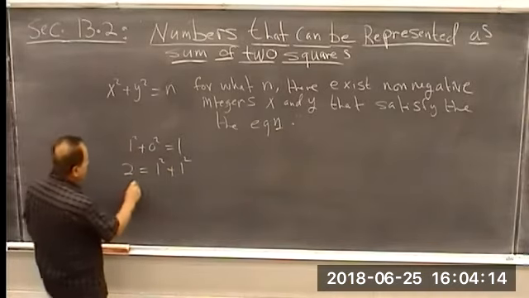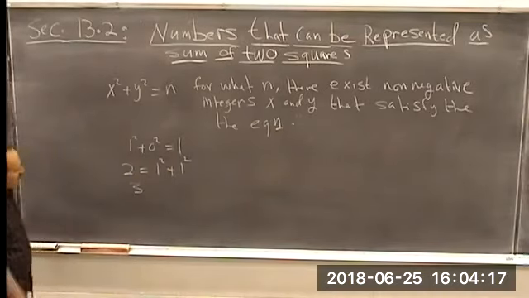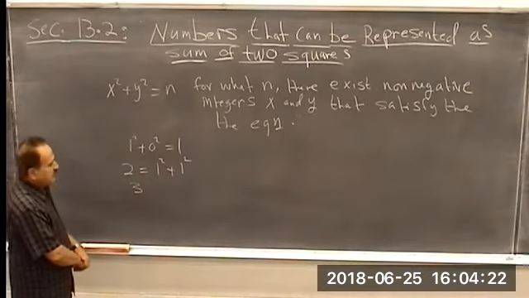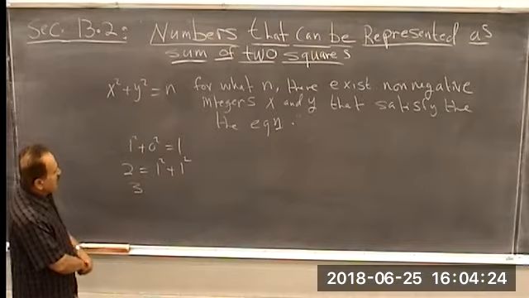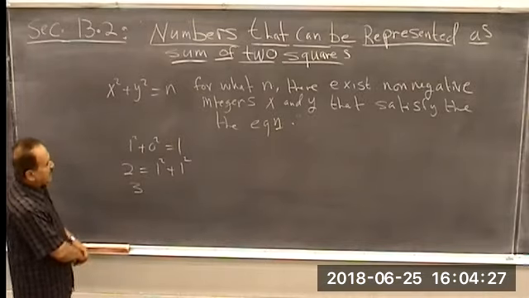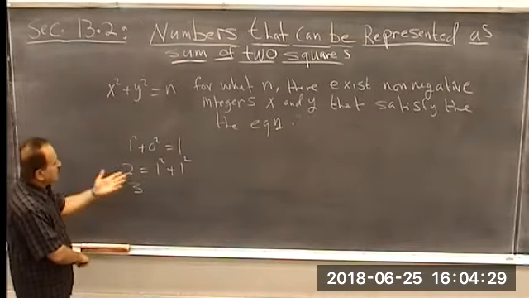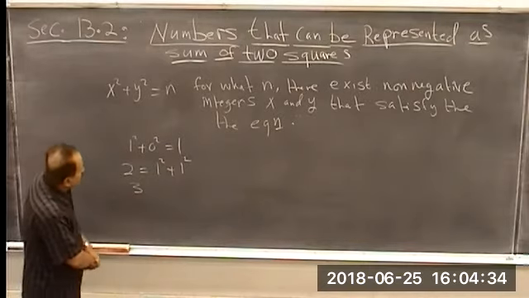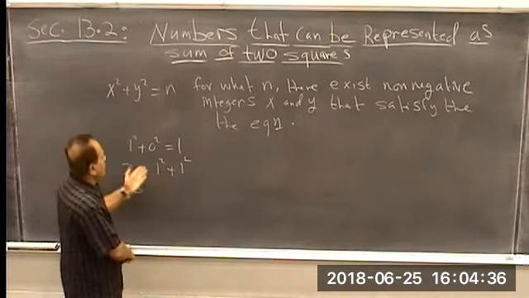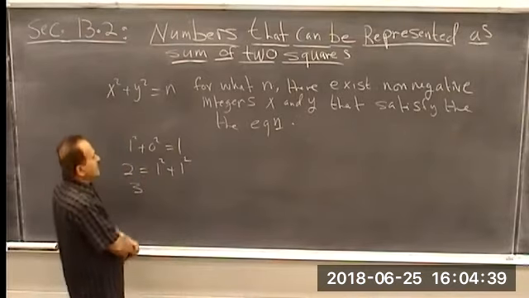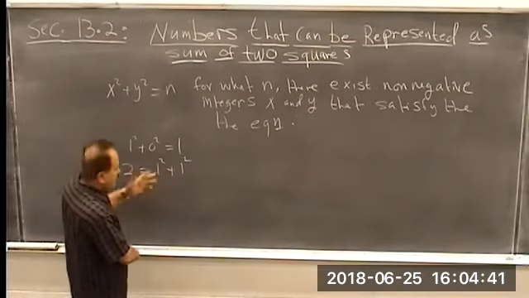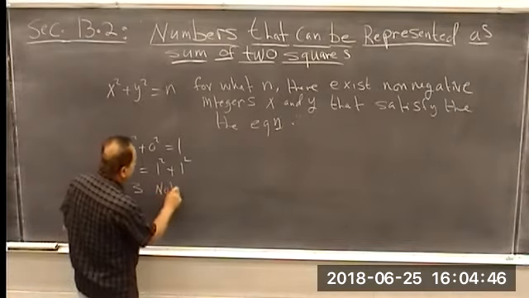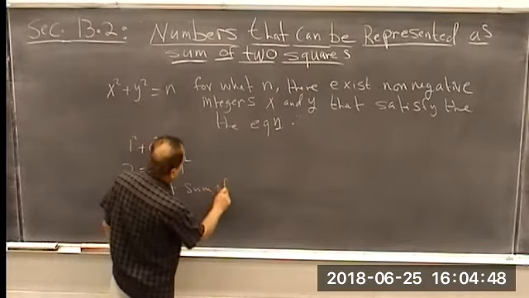When it comes to 3, you can see that this one cannot be written as a sum of two squares. You can do this either by trial and error, trying all possibilities, or by writing an argument: there is no way to have two integers, both even, both odd, or one odd and one even, and you're going to find out this is not a sum of two squares.